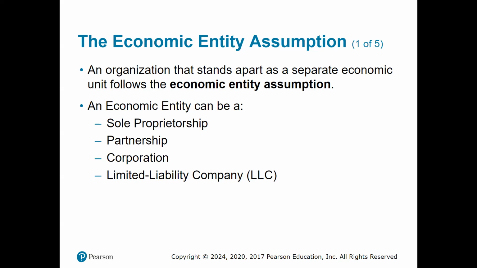So we try to find a balance between having enough detail in what we're tracking for it to be useful if we have questions about it, without overdoing the detail and spending too much time and money on information that will not help us make better decisions later on. So that's the cost benefit constraint, okay?